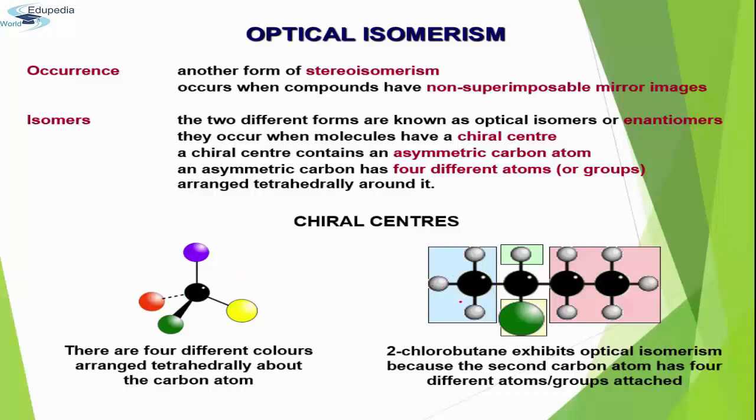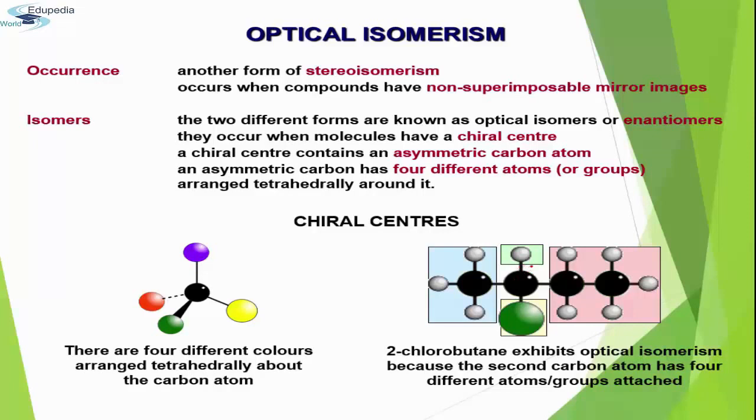Analyze this case. First carbon, 3 hydrogen atoms, same, so not chiral. Second carbon atom, on one side there is 1 carbon atom, on the other side there are 2 carbon atoms, so these 2 groups are different. Hydrogen and chlorine, these 2 atoms are different. So 4 different atoms or groups are attached to the second carbon, so it is chiral and it could exhibit optical isomerism.